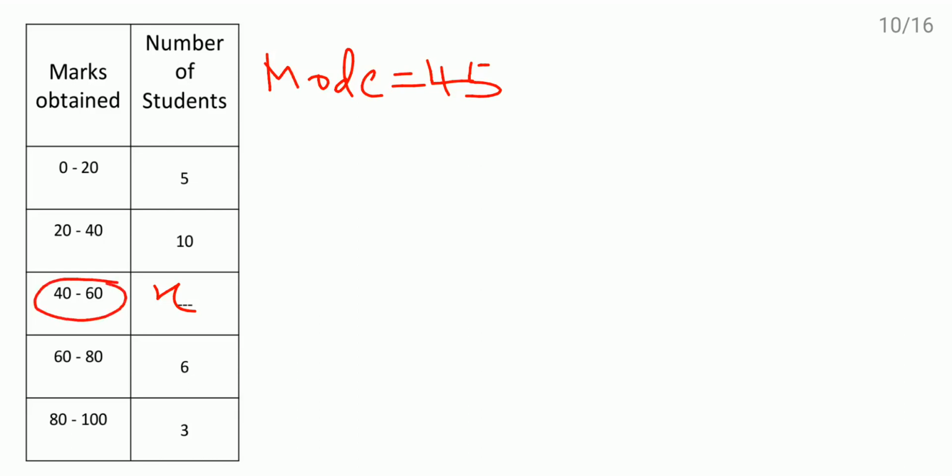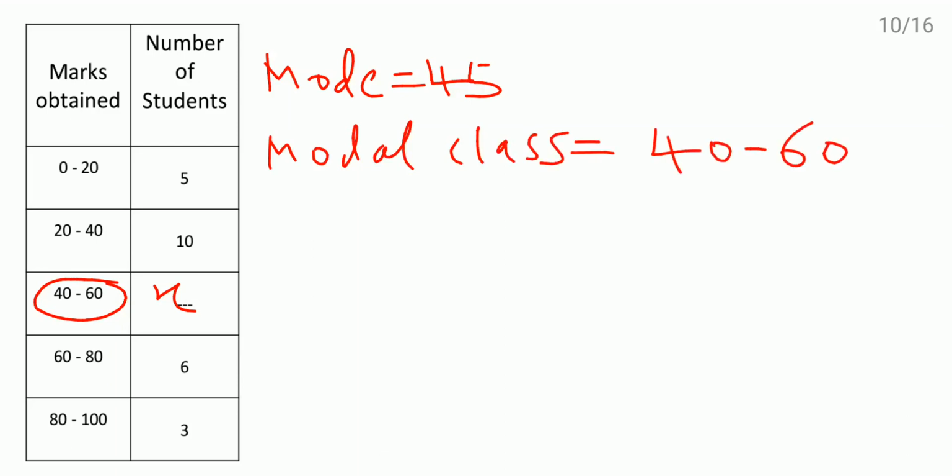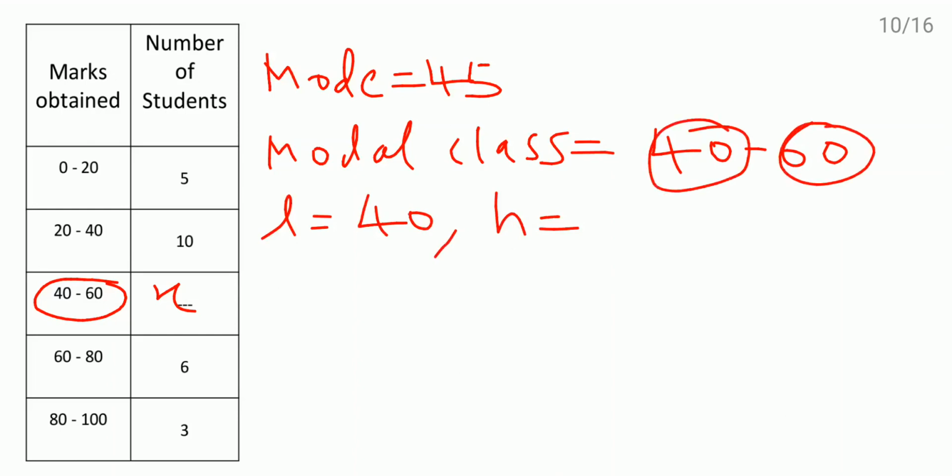So this is the modal class. So modal class is equal to 40 to 60. So lower limit is equal to what? 40. And H, that means the class size, upper limit minus the lower limit, comes as 20. Correct?